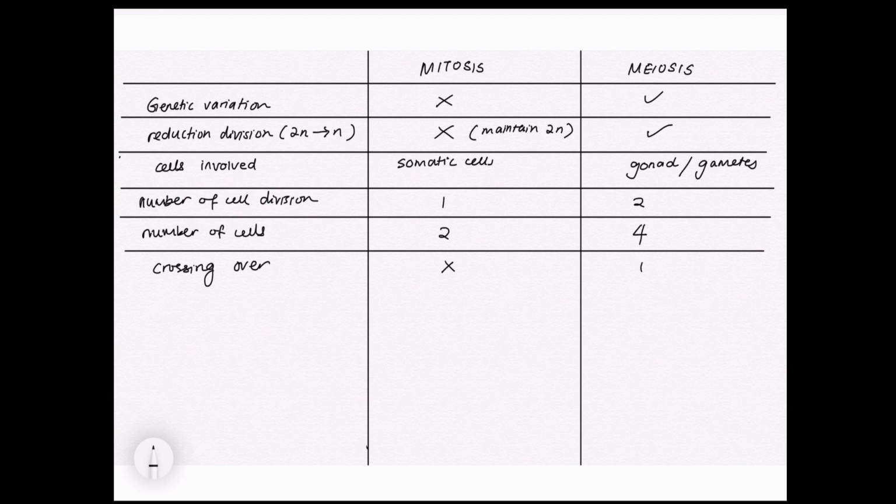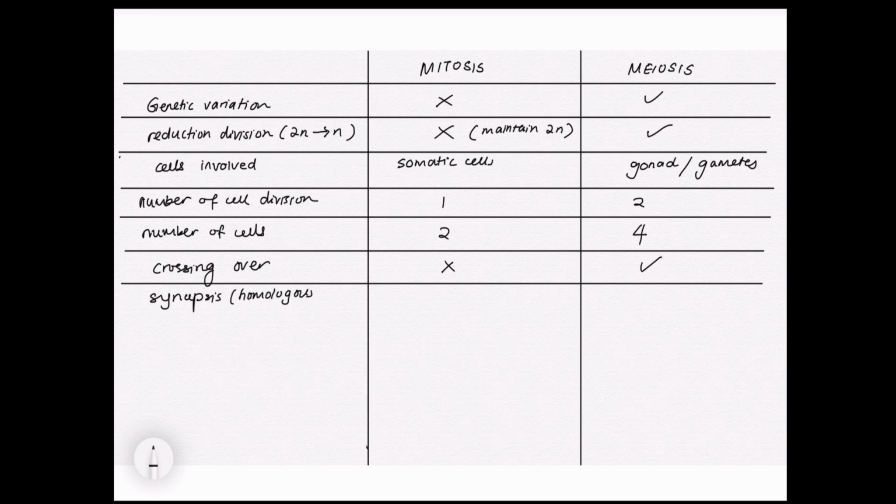Therefore, mitosis is producing genetically identical cells. And how is crossing over possible? Because there's synapsis, where homologous chromosomes pair up. So it is not present in mitosis, but present in meiosis.